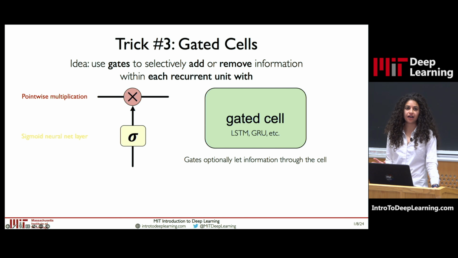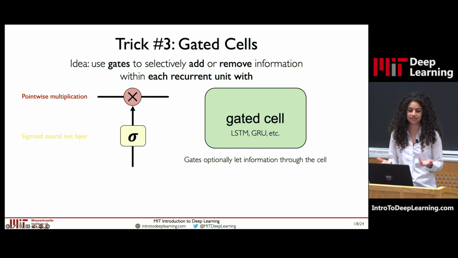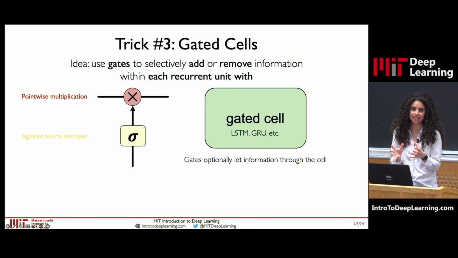The final idea, and the most robust one in practice, is to build a more robust neural network layer or recurrent cell itself. This is the concept of what we call gating, which is effectively introducing additional computations within that recurrent cell to selectively keep or selectively remove or forget some aspects of the information being input into the recurrent unit.